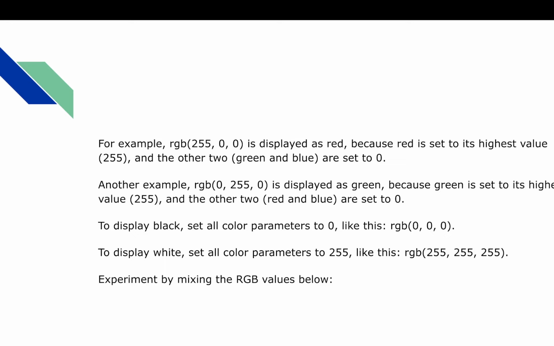Because the red is set to its highest value, 255, and the other two, green and blue, are set to 0. Another example: the red is set to 0, the green is 255, while the blue is 0. It displays as green because green is set to its highest value, 255, and the other two, red and blue, are set to 0.